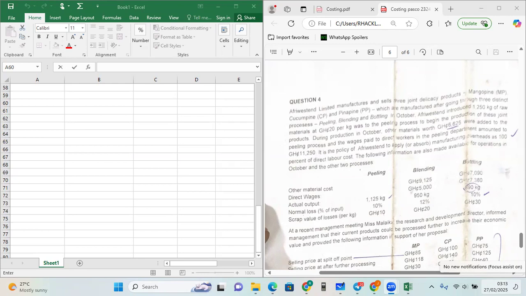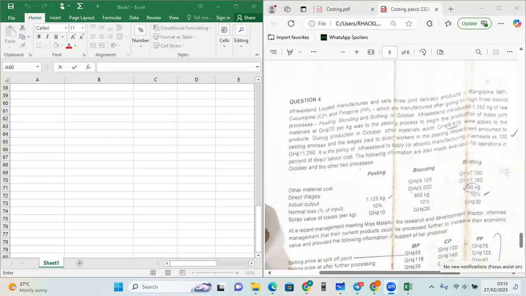It is the policy of Afri-Western to absorb manufacturing overhead at 100% of direct labor cost. The following information is also available for operations in October and the other two processes.